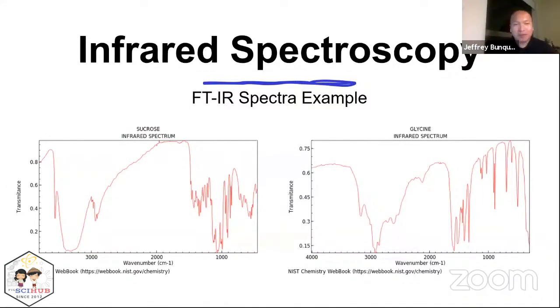So here's just more example of IR spectra, sucrose and glycine. As you can see, I got these from the NIST Chemistry WebBook. There are actually thousands of spectra available online, and you can just download them and use these as your reference spectra, especially if you're determining the structure of your compound of interest or your analyte.